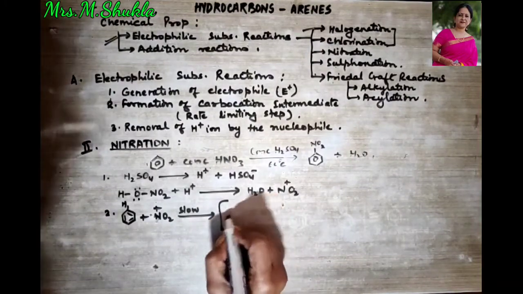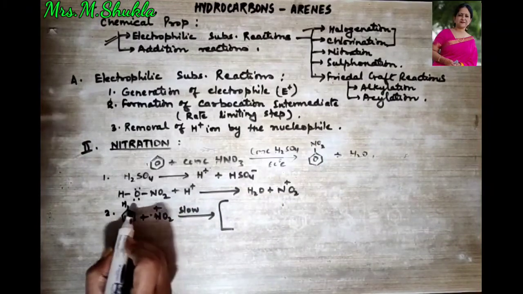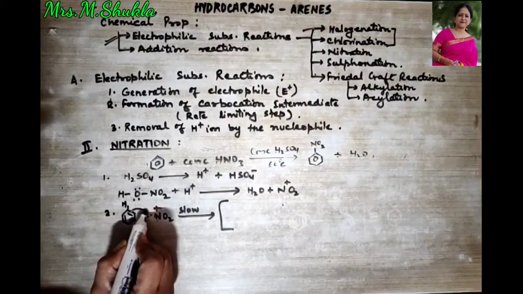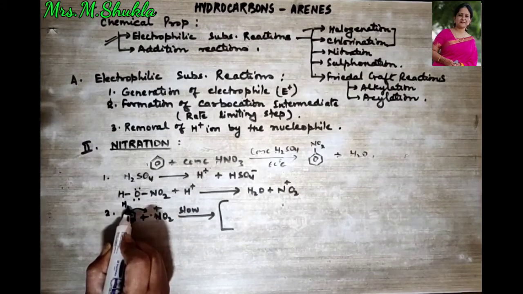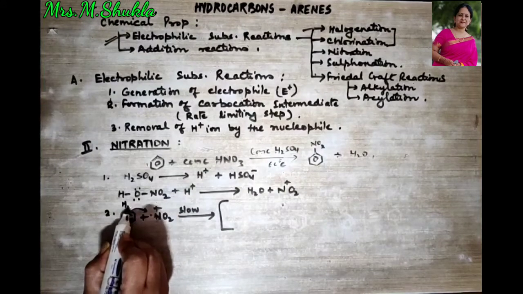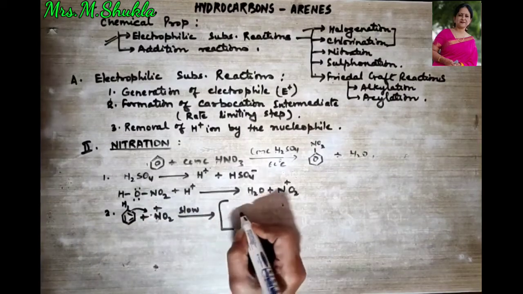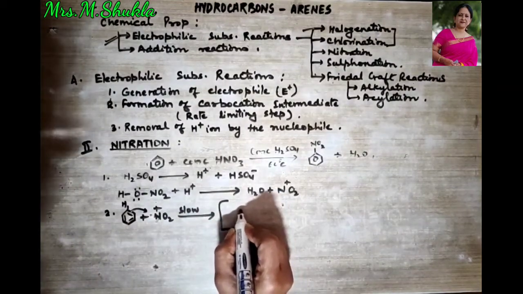So let us now look at what happens. The electron shifts from here. So this electrophile is going to attach itself to that particular carbon from where the electron has been removed. Okay, so let's see.